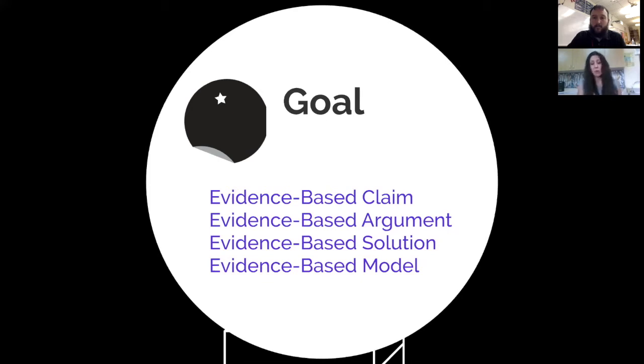And then what this course is really driven at is using data and analyzing that data, building models from the data, and using that as evidence too. And so that's another form of evidence that they can use to base a claim that answers an essential question, or to construct an argument with the evidence of data, as well as build a solution or a model.